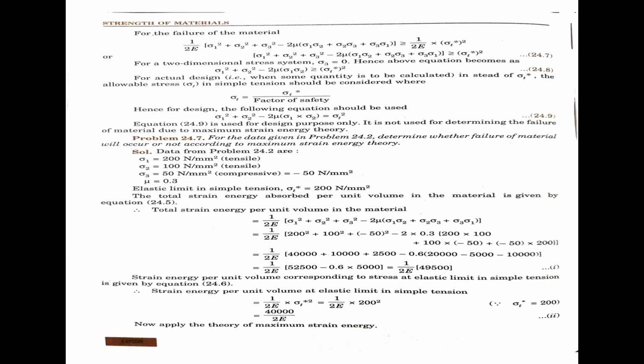Then to calculate sigma T in simple tension, for design the following equation should be used: sigma 1 square plus sigma 2 square minus 2 mu sigma 1 into sigma 2 equal to sigma T square. That is equation 24.9. Thus the derivation part is completed.